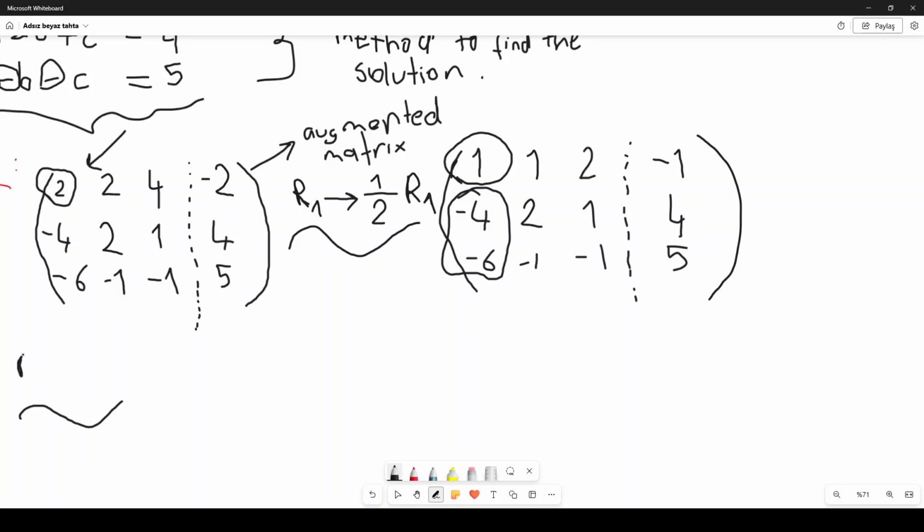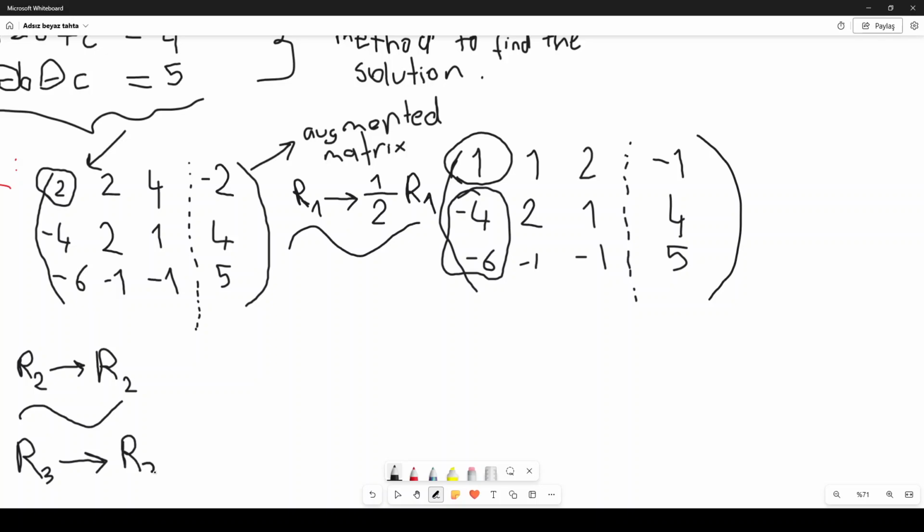In other words, I need to replace R2 by something else, as well as replace row number 3 by something else, which enables us to have the leading entries equal to 0 in both the second and third row. So I should eliminate this -4 and -6. Their values should be 0. Of course, for doing that, I need to use R1. So in other words, I perform the third elementary row operation, right?